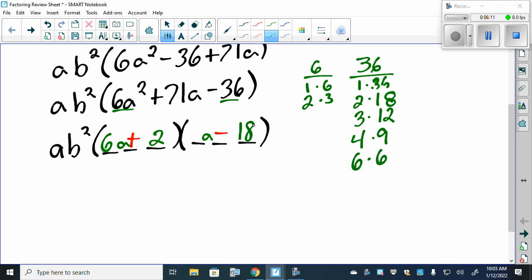So 6 and 6 wouldn't work, because there would be a greatest common factor. So 2 and 18 won't work for this one here. And if we tried flipping it, still wouldn't work.